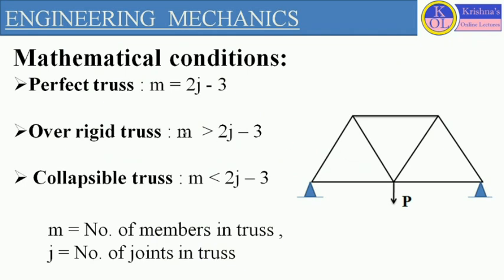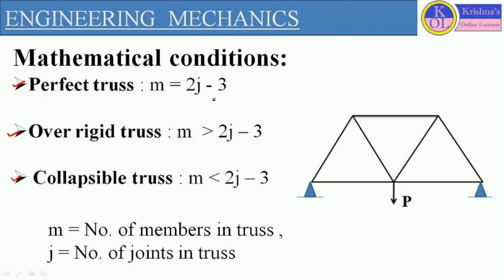In the previous lesson, I discussed the basic concepts of trusses and frames, as well as different types of frames. I discussed three types of trusses: perfect truss, over rigid truss and collapsible truss. These three types are based on one equation.